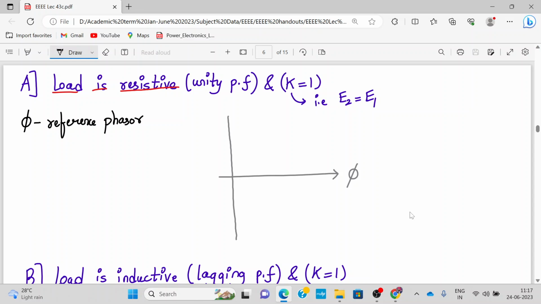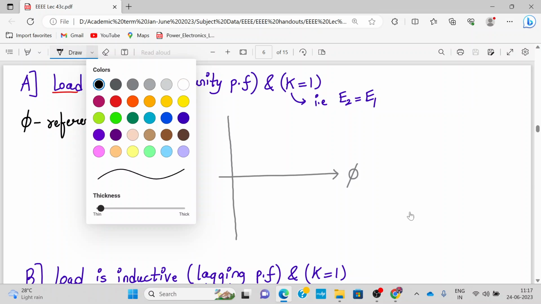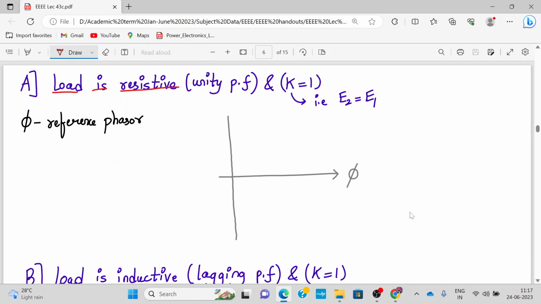And we have seen before, while discussing the EMF equation of the transformer, that the induced EMFs E1 and E2 lag behind the reference phasor phi by 90 degrees. Where will E1 and E2 come? E1 and E2 will lag behind the reference phasor by 90 degrees.